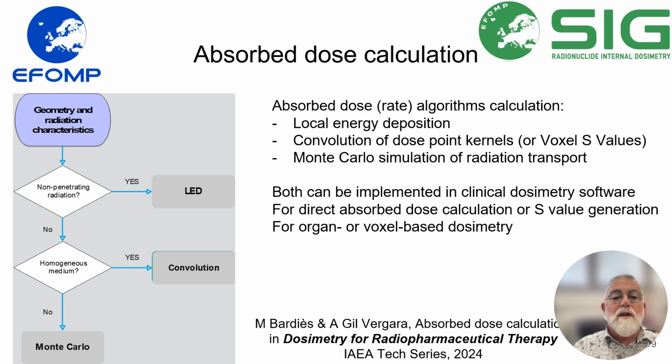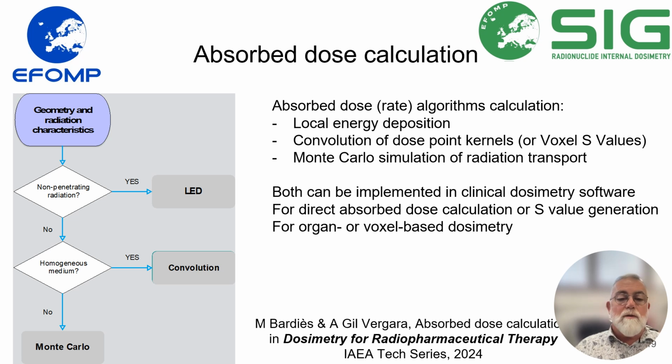So this is just the algorithm for selecting the absorbed dose calculation algorithm. So you have questions, depending on the geometry and radiation characteristic, are we in a context of non-penetrating radiation? If yes, then local energy deposition is probably sufficient. If not, second question, are we in homogeneous medium? If yes, then convolution can be sufficient.